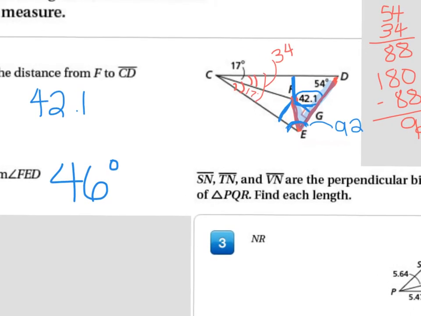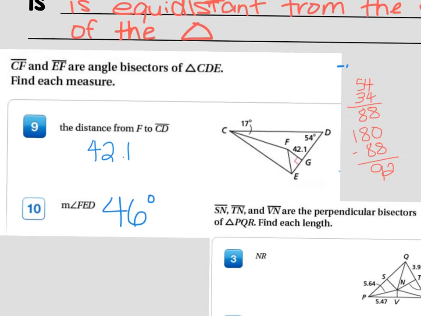And those were both angle bisectors? The only piece of information that they gave you is that they're the angle bisectors. It could say they're the angle bisectors, or it could say F is the incenter, and you have to know that those both mean that from F to each side is congruent, and the angles are bisected, so each of them is cut in half.